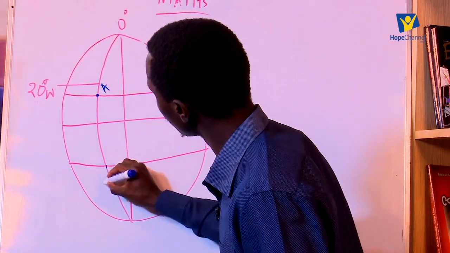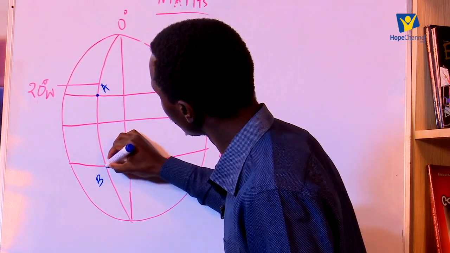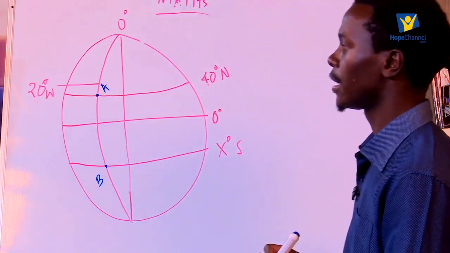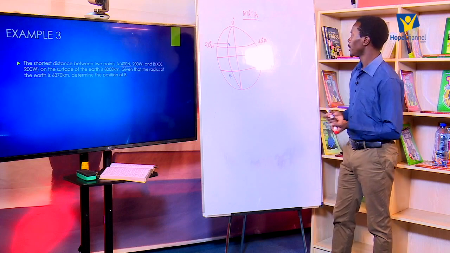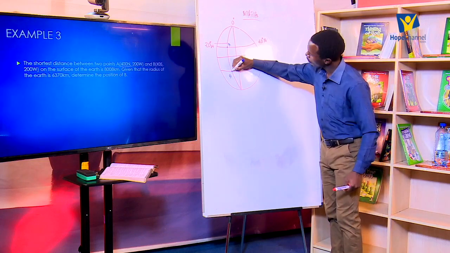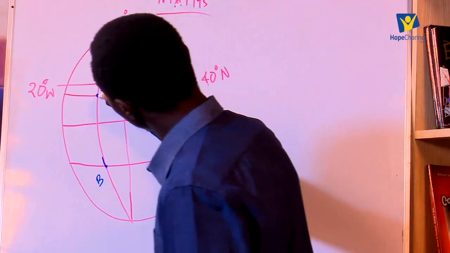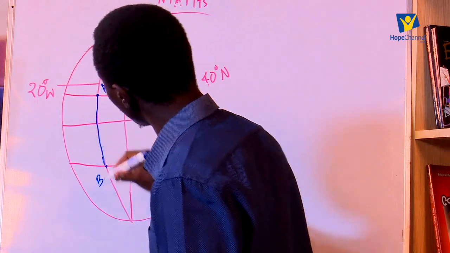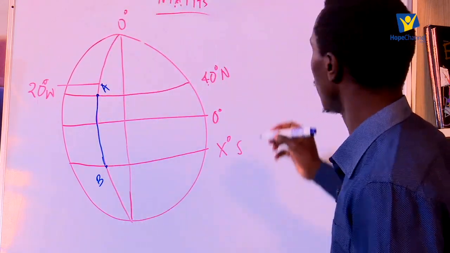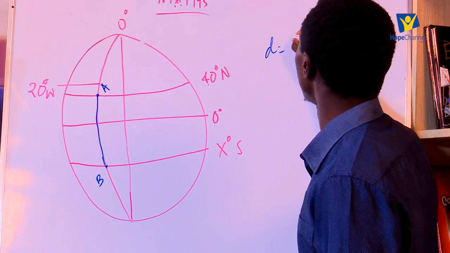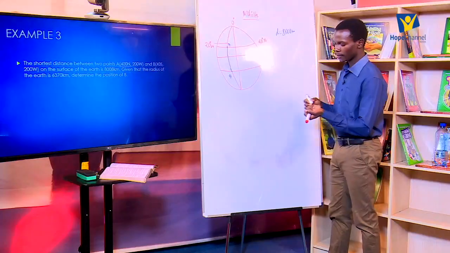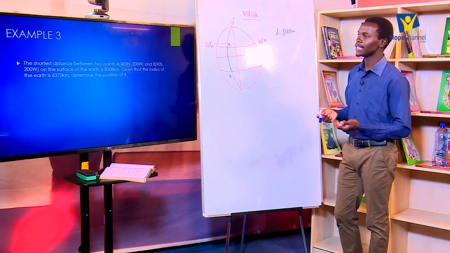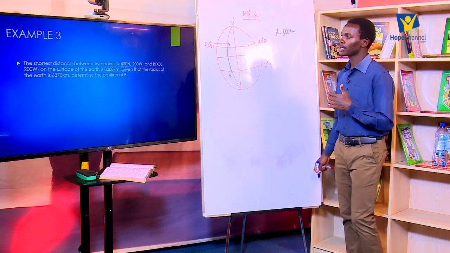Then we have B. And we are told that the shortest distance between the 2 points A and B, so this distance here, that distance in blue is what we are given as 8,008 kilometers.